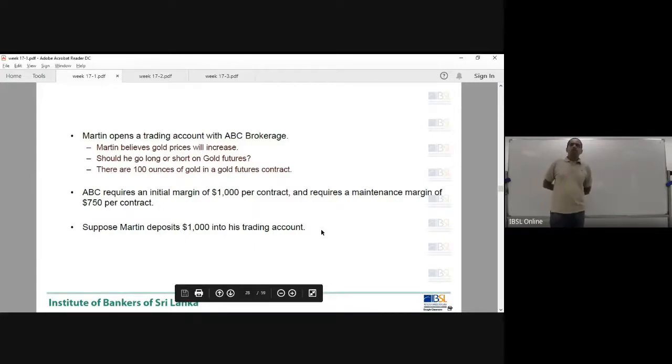Now, if he feels gold prices will go up, what should he do? Should he go long or short? Answer is he needs to go long. There are 100 ounces of gold in a futures contract. ABC requires an initial margin of $1,000 per contract and a maintenance margin of $750. So Martin has deposited $1,000 in his account.